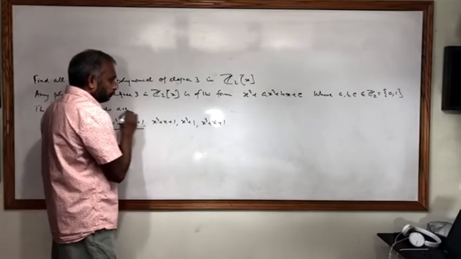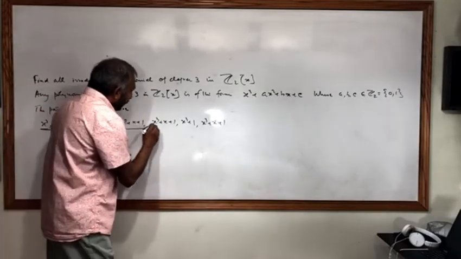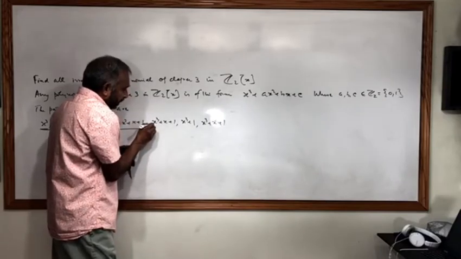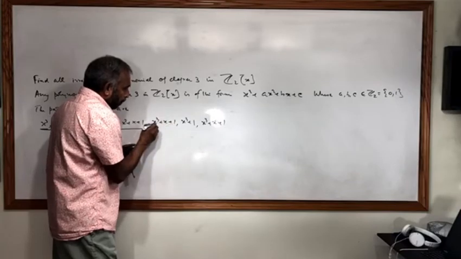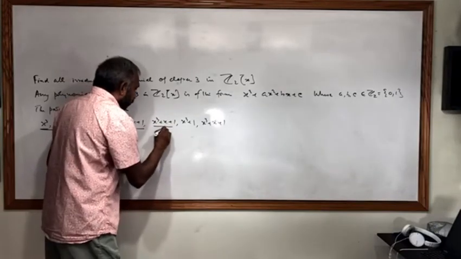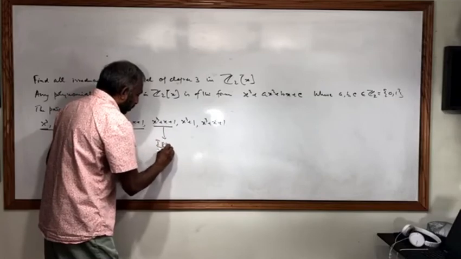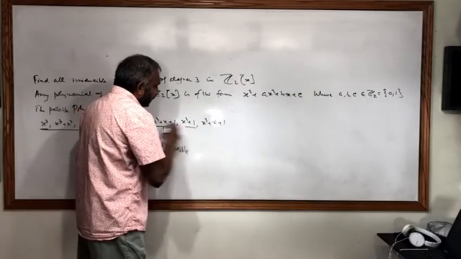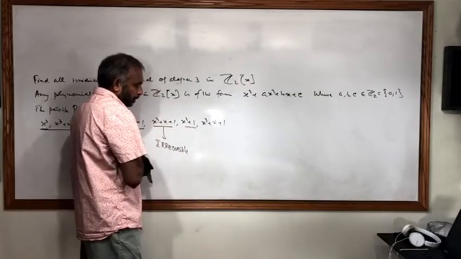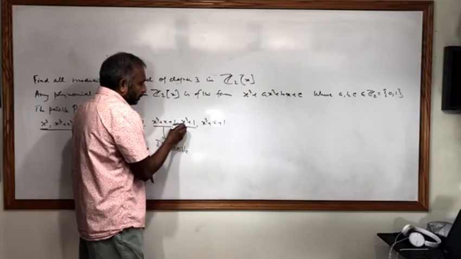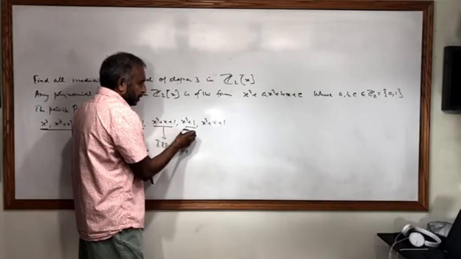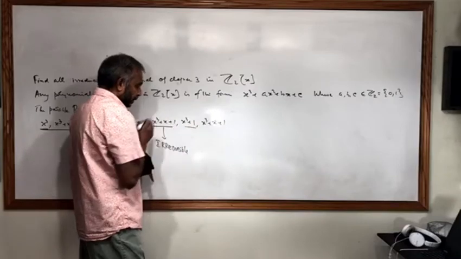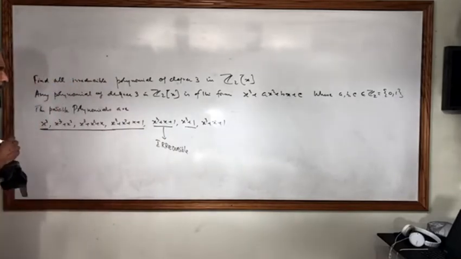This one, if you place 0 instead of x, this is going to be 1. But if you place 1, that's also not 0. So this is actually irreducible. This one is reducible, because if you put 1, 1 plus 1, 2, which is 0, so 1 is a 0 of this polynomial, and therefore this is reducible.